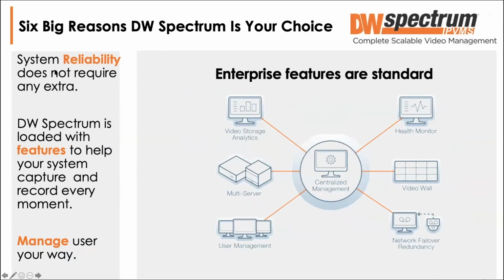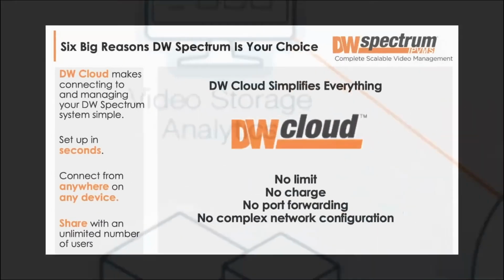Enterprise features are standard, so the system itself, there's a number of things, whether it's Active Directory integration, multi-server, centralized management, health monitoring, failover are all built into DW Spectrum natively.